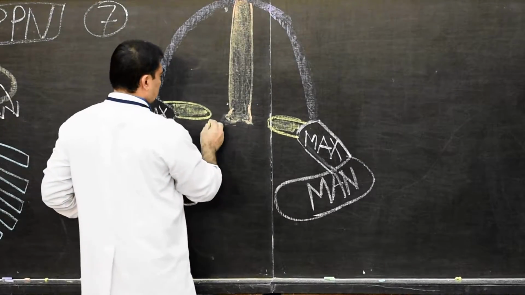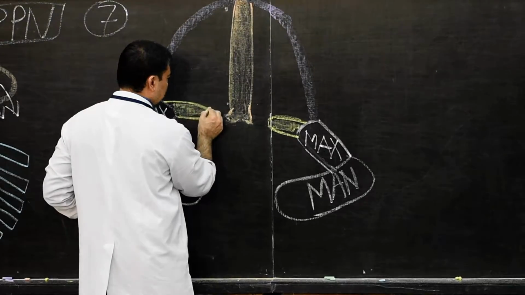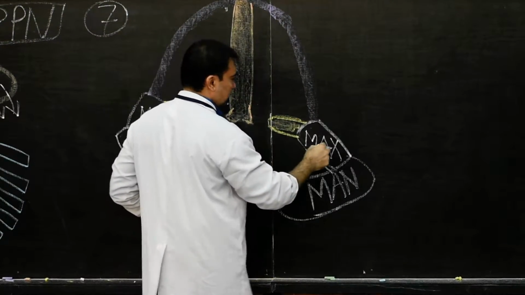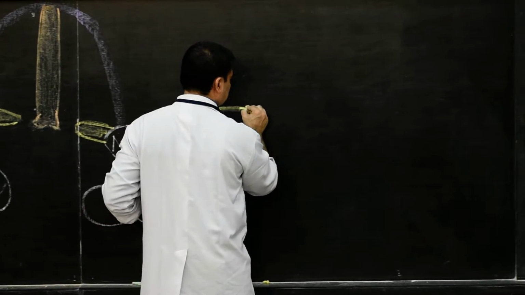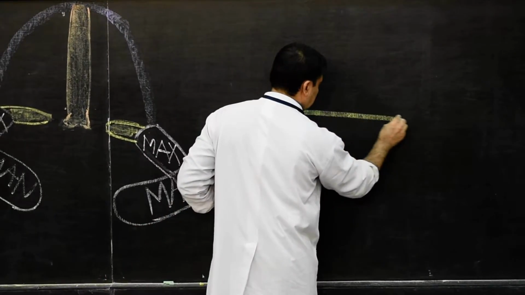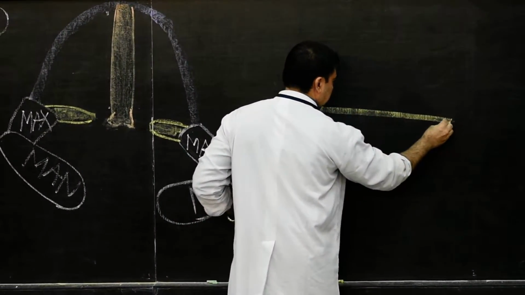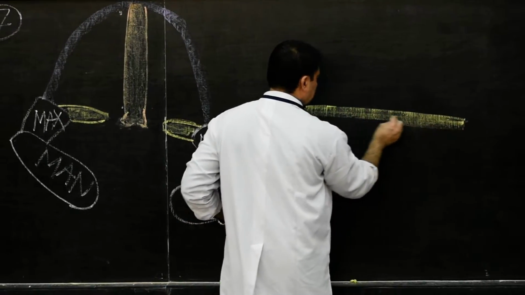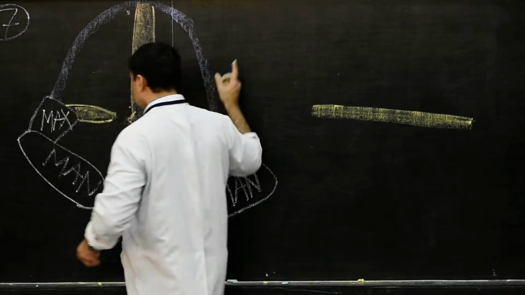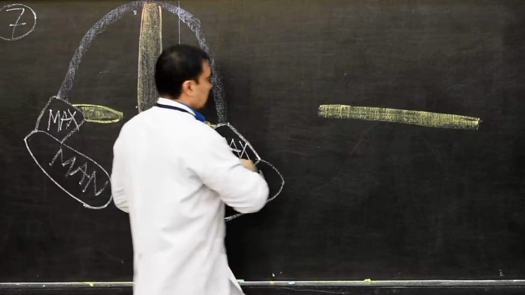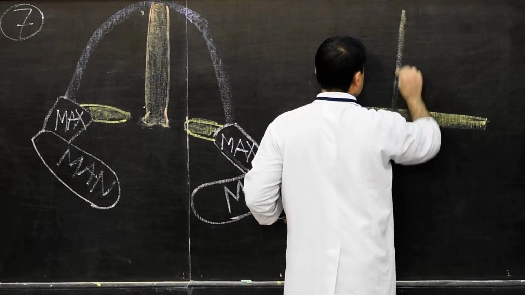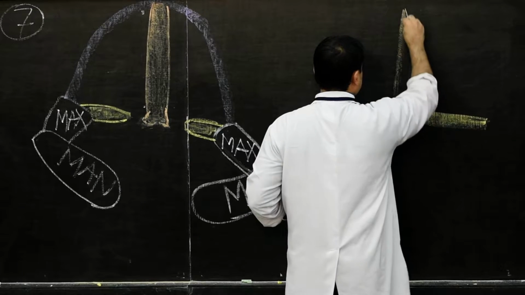Here we show that they will fuse, in the next diagram let us show, they will fuse with each other, and this is how the palatine processes of maxilla have fused with each other. From above we will show the entire nasal septum.